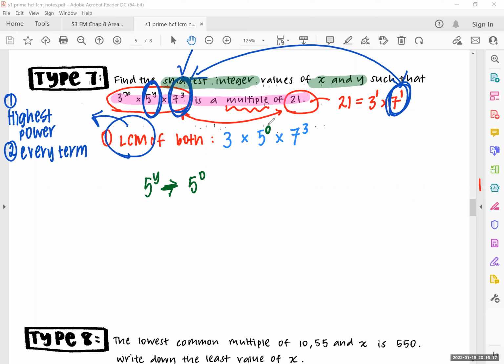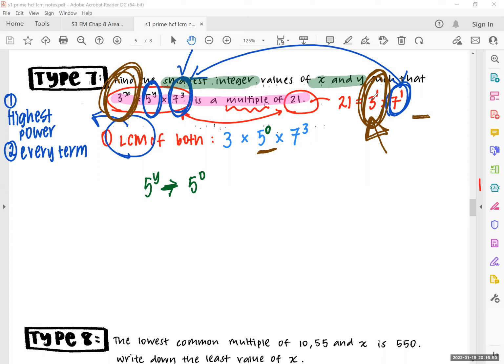Now, the last one is 3 to the power of x, right here, and this 3 to the power of 1 right here. So remember, I told you, it needs to be the highest power and every term, right? Just now 5 didn't exist, correct or not? That's why there was a potential that it can be 0, because there is no 5 term here. But can you see this one already has a 3 to the power of 1?